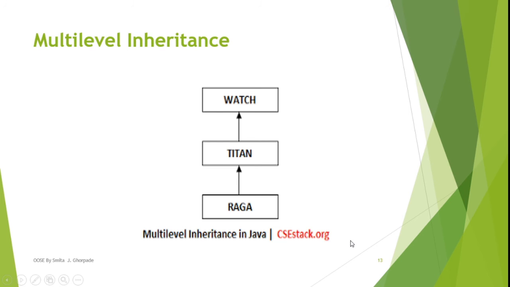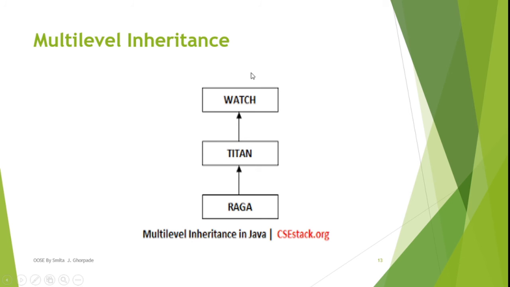Then the next inheritance type is multi-level inheritance. Here certain levels are maintained. In multi-level inheritance, the topmost class is called the grandparent class, the second level class is called the parent class, and the last derived class is called the child class.